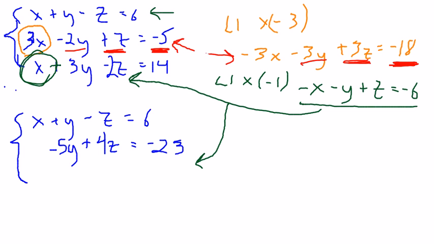I've got a plus 3y and a minus y. That gives me 2y. And then positive z and negative 2z gives me a negative z. And then negative 6 and 14 takes me to 8.